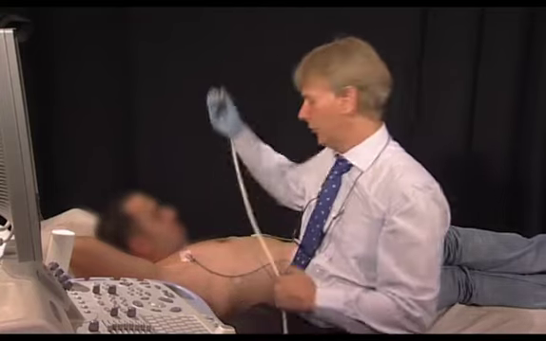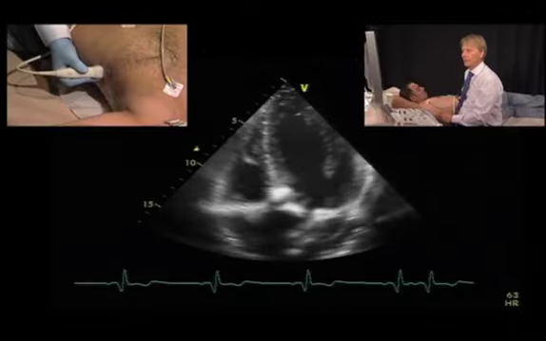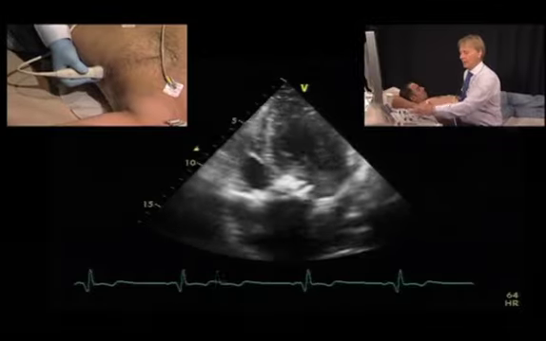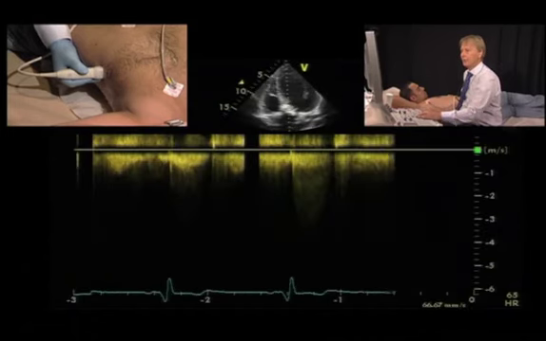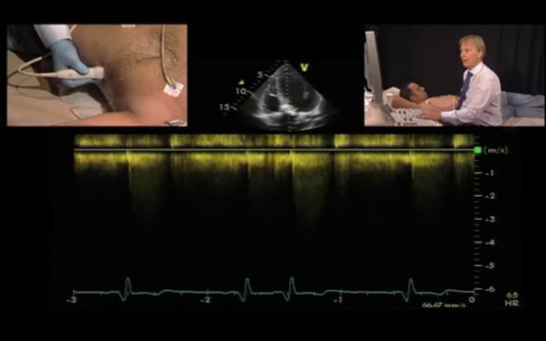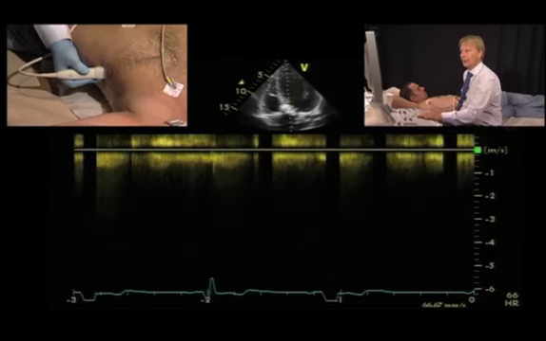To quantify aortic stenosis with CW Doppler, I would start from the apical approach, and I would try to get an apical 5-chamber view and place the continuous wave Doppler spectrum right inside the valve. Now, it's very important to also put the focus point exactly where the valve is.